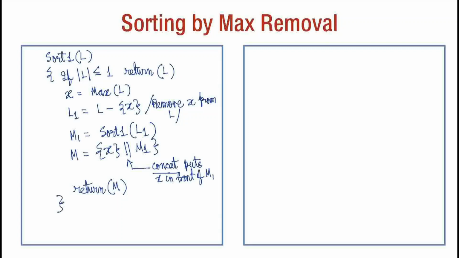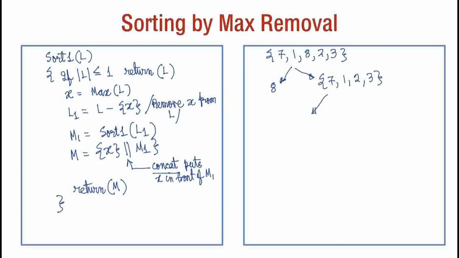It is not difficult for us to see how this occurs, and the whole recursion structure, suppose we have an initial set 7, 1, 8, 2, 3. Then this algorithm would first remove the maximum element here. So 8 would be removed and it would call it recursively on 7, 1, 2, 3.